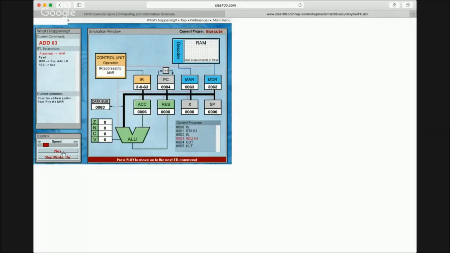And then I will bring the contents of 63 down to the data register. And now I can perform that addition of what's in the data register to what I previously stored in the accumulator from my last read.